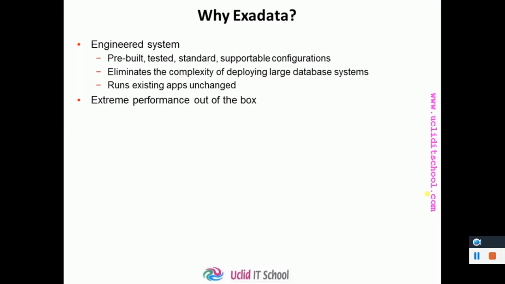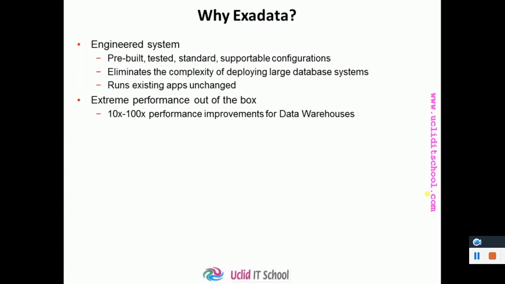And you get extreme performance out of the box. Just now we understood the capacity of Exadata box, right? It is huge in terms of memory, in terms of CPU, in terms of storage. Every component is a very high-end component. And to just give you the idea how much performance you can expect.